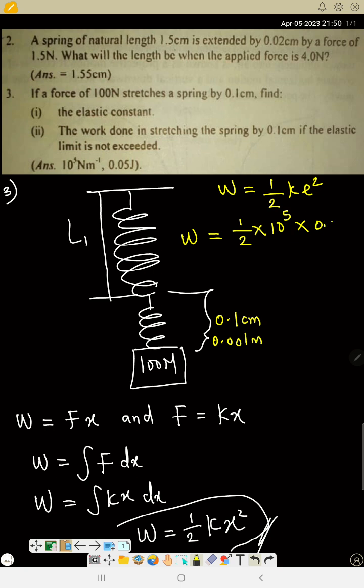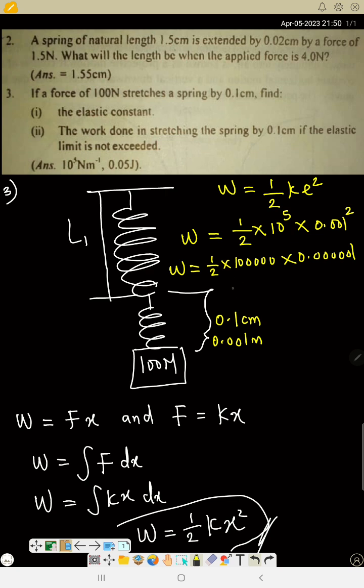So this will be 0.001 squared. Now just press your calculator. So work done is equal to half times 100,000, because 10 raised to power 5 is 100,000, times 0.001 squared. So that will be 0.00001, you have 5 zeros, 1 2 3 4 5, then 1.